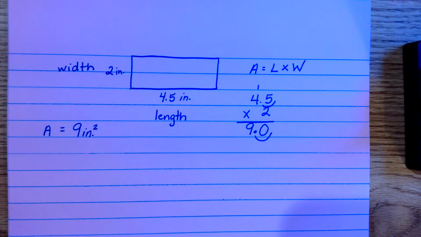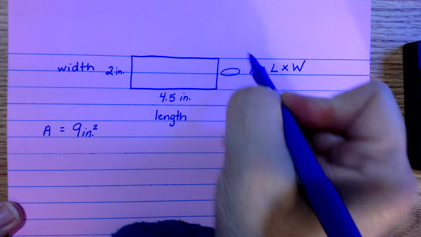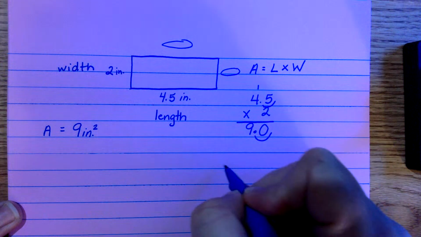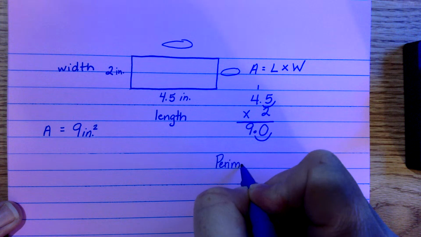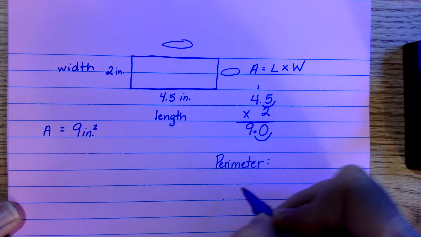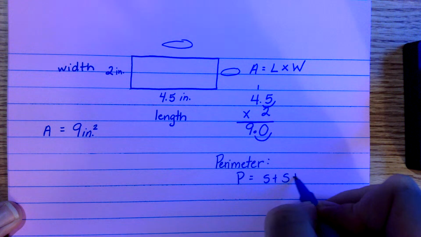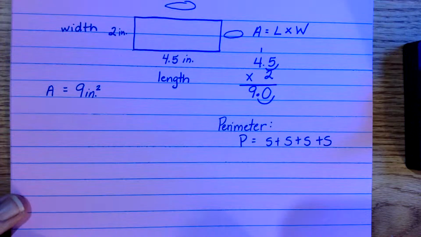Now, what happens if we have a shape like this that has what I call naked sides? There's no width listed here, there's no length listed here, but they want you to find the perimeter. And remember, perimeter is side plus side plus side plus side, all of the sides added together.